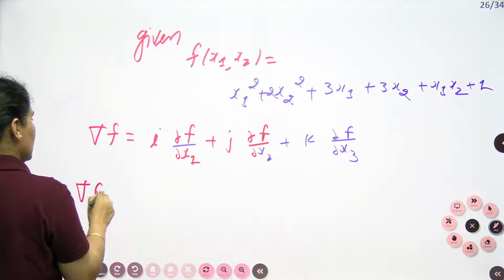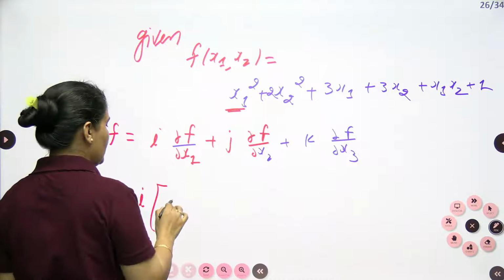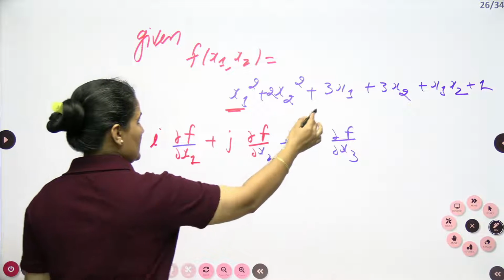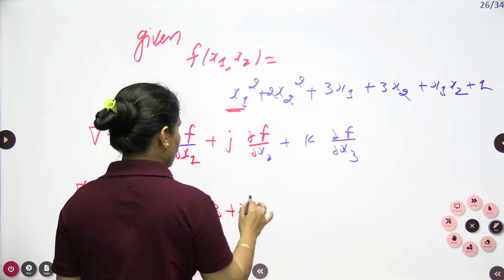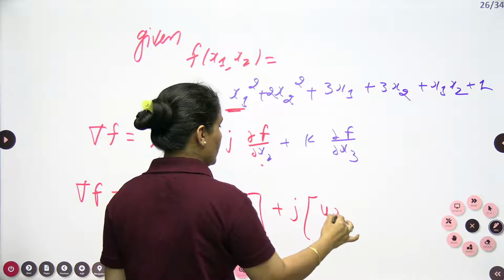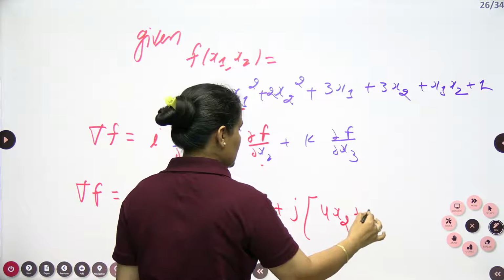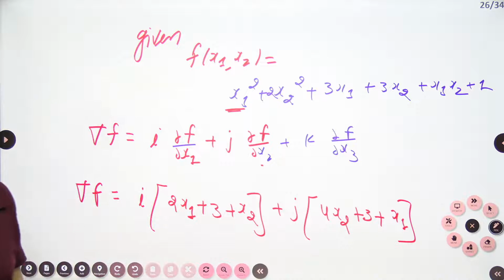So the gradient of f, with respect to x1, will be 2x1 plus 3 plus x2. With respect to x2, this will be 4x2 plus 3 plus x1.